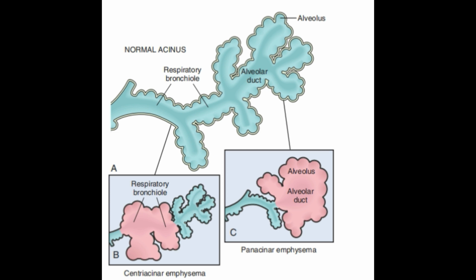We studied everything in the last video, so please go and listen to that. It is accompanied by destruction of their walls without significant fibrosis. Again, this is the definition of emphysema. It is classified according to its anatomic distribution.